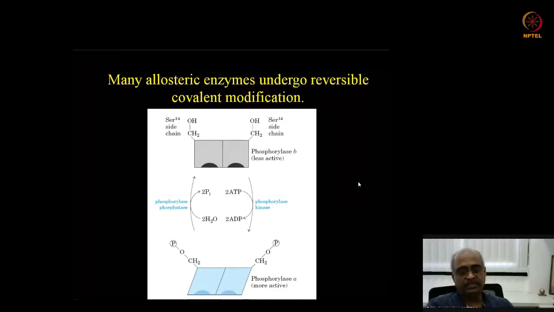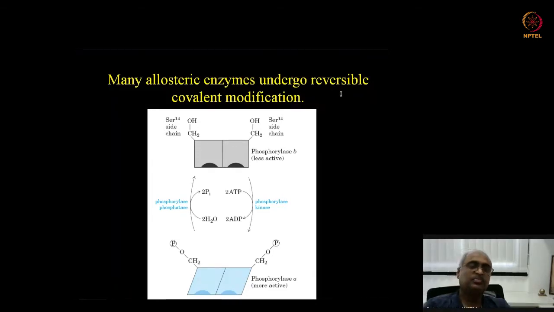In that case, it is not the substrate, it is another molecule. It could be any molecule that binds to a regulatory subunit and modifies the overall conformation such that the active site in the catalytic subunit is affected. Remember the R subunit, C subunit cartoon that you saw in the last class.